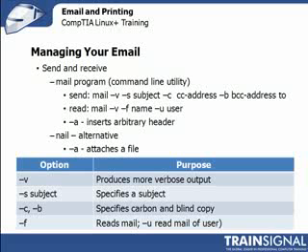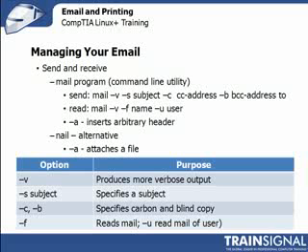The options are -v, which produces a more expanded output, -s, which is used to specify the subject. Then you have -c and -b, which are used to specify carbon and blind copy respectively. And finally you have -f, which is used to read mail. Optionally you can include the mail spool file or the -u option to read the mail of an individual user.